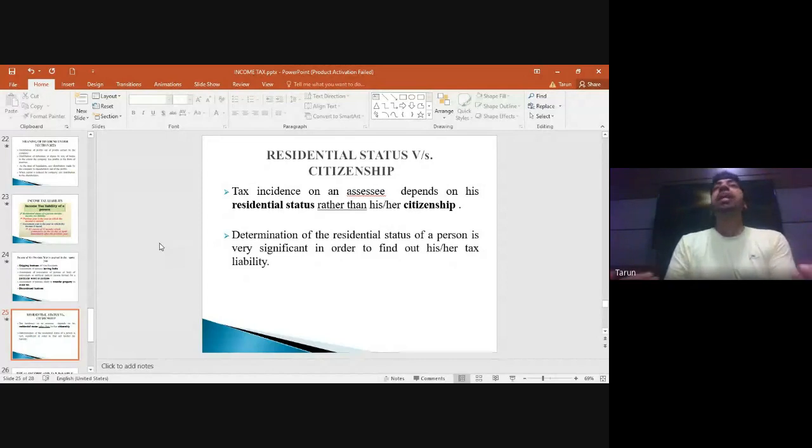Let's take an example. If that is your birthplace, if you were born in that particular country, you are a citizen of that country. But residential status means you are not a citizen of that country, but still you have a business situated in that country, and you are operating in all the countries wherever that business applies, right?